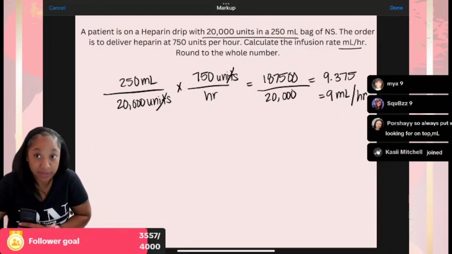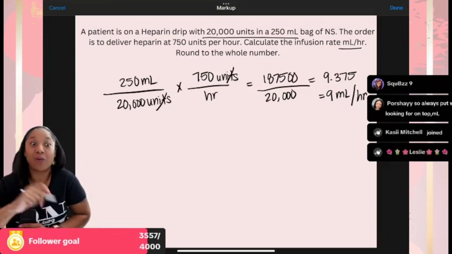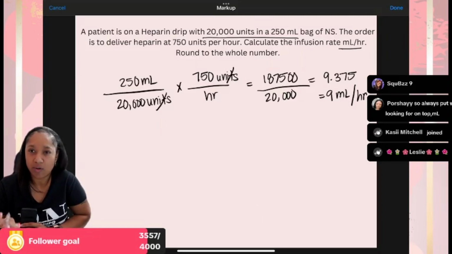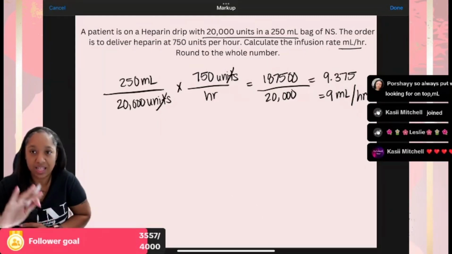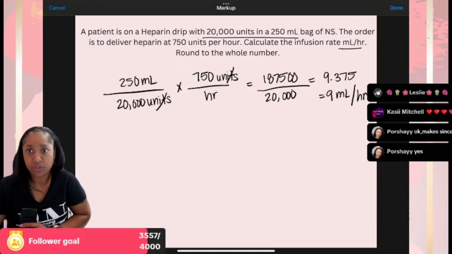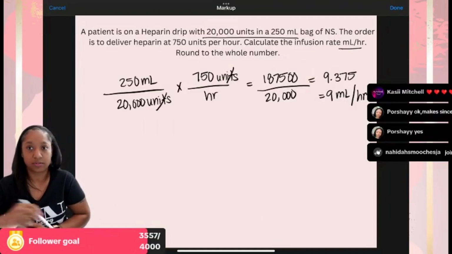You don't always have to do that, because you don't always have to do dimensional analysis or ratio and proportion. You've got options. But a lot of people don't know when to start or how to start these problems, so that's just what I've come up with. PPP: your patient, your product, your prescription. Start with what you're looking for, and then it kind of flows. That'll make it easier for you.